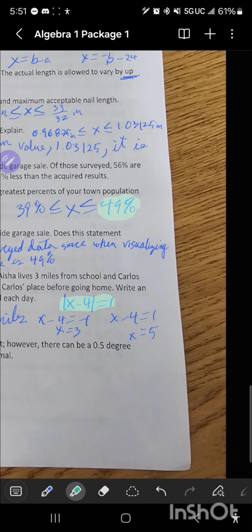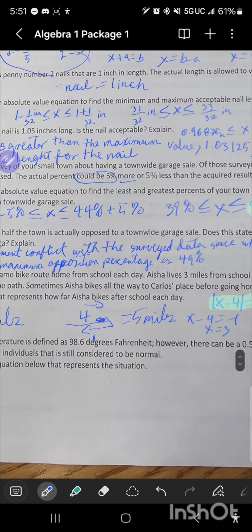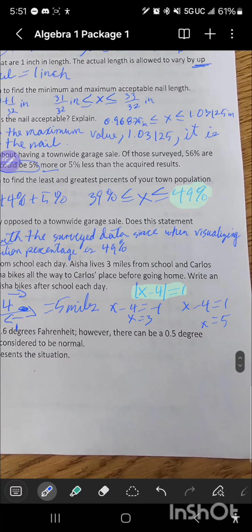I mainly did it thinking logically, and I know it's a little bit confusing, but I actually don't think that something like this is going to appear in the exam, but it's always good to review.